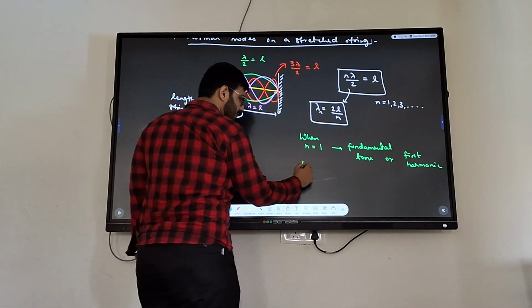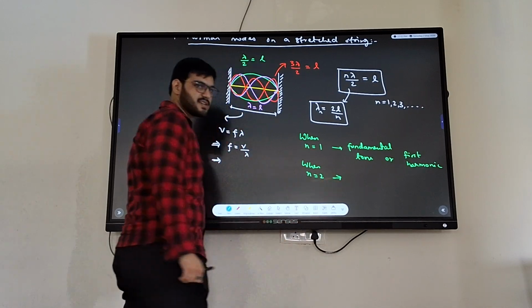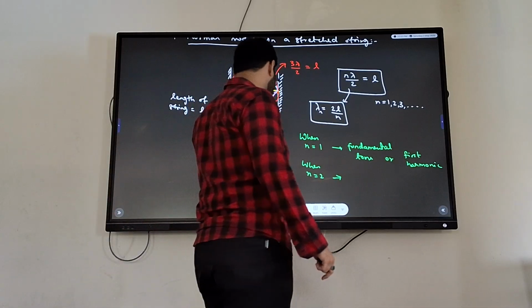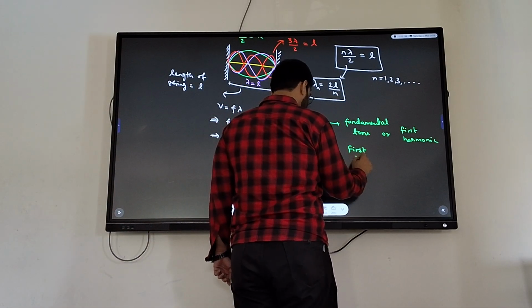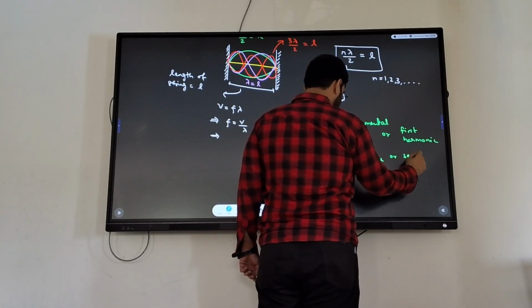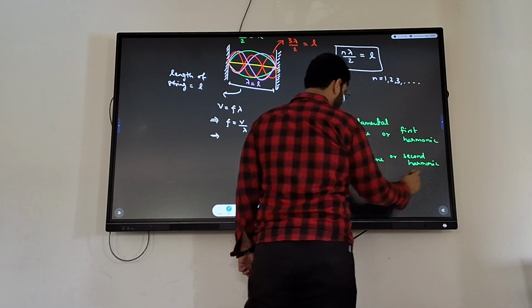When n equal to 2, then what is that called? It's called the first overtone or the second harmonic. And then can you guess what should be n equal to 3?